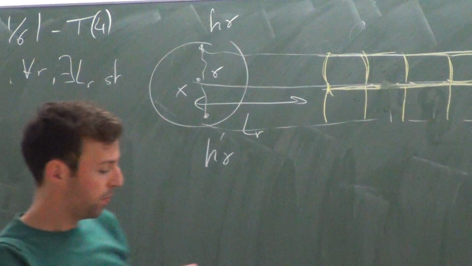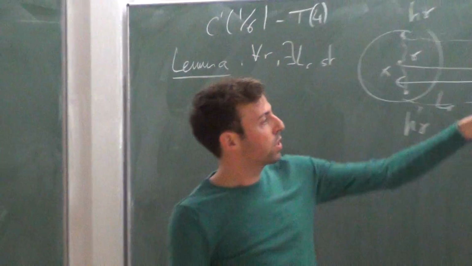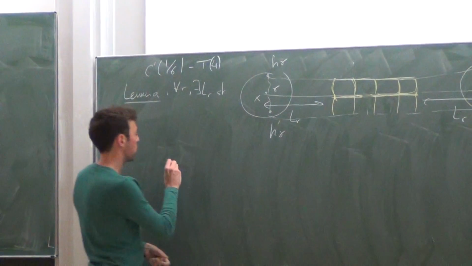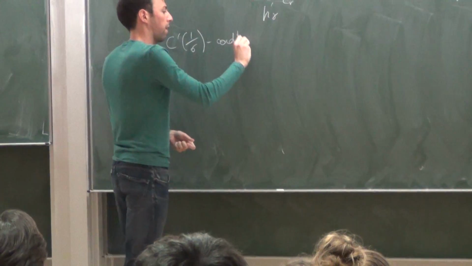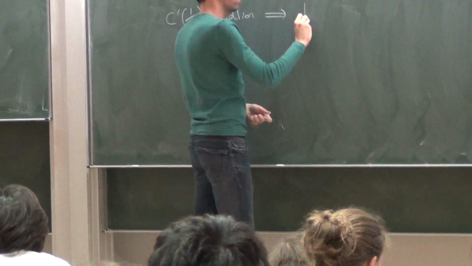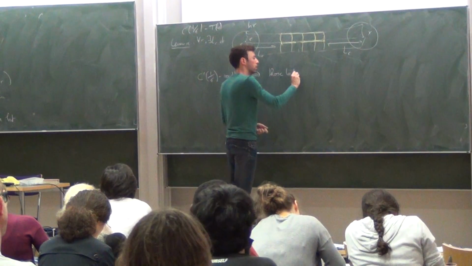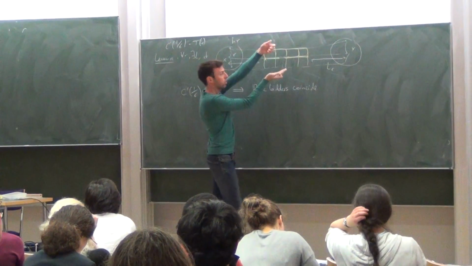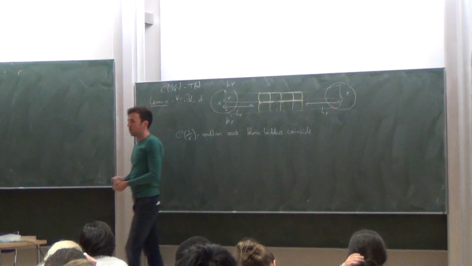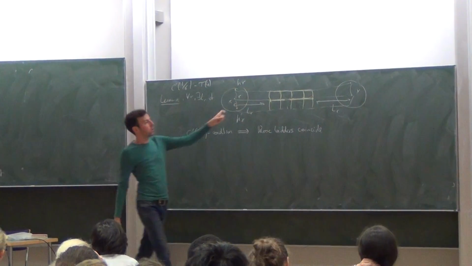So it's really just a standard reasoning using the C'(1/6) condition that implies that those letters coincide. We are exactly in the case that we wanted.